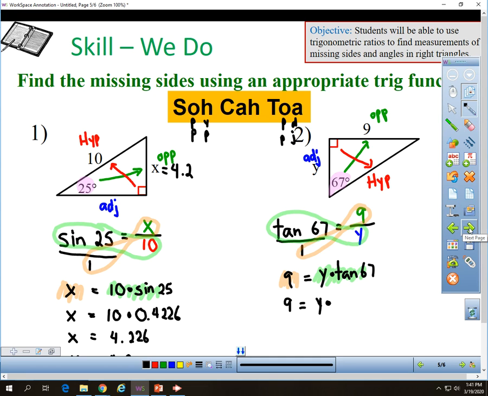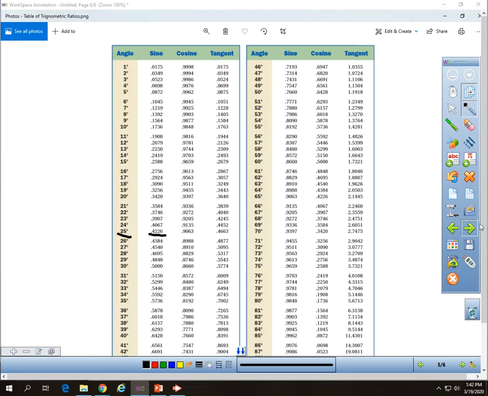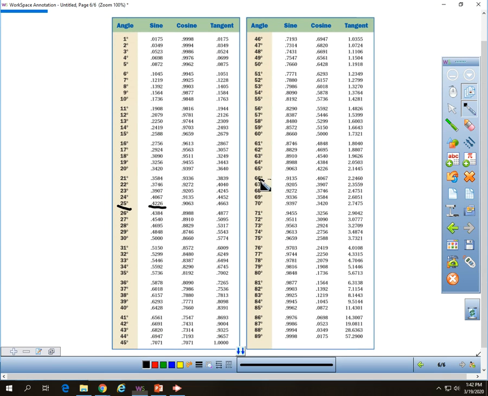I'm going to use the table and calculator to evaluate this. So using the table first, tangent of 67, we go there. That's an angle of measure 67. If you move all the way to the last column, that's the tangent column, we get the tangent of 67 is 2.3559.